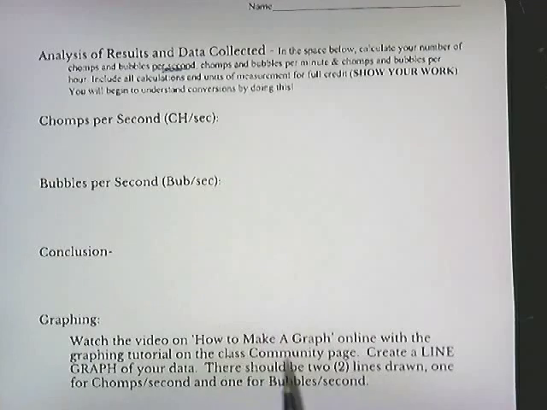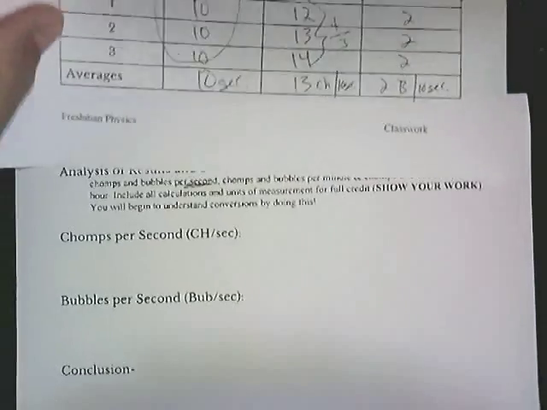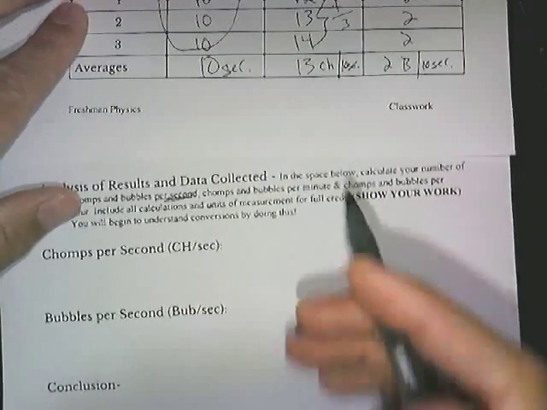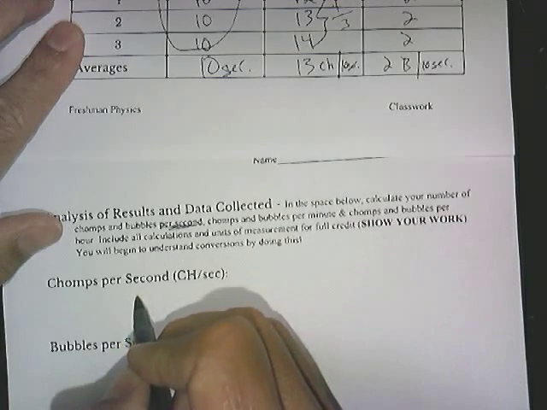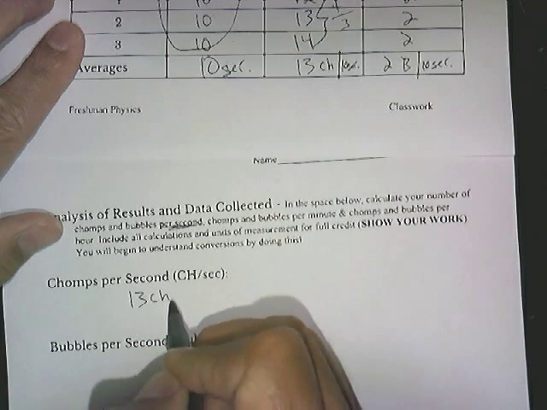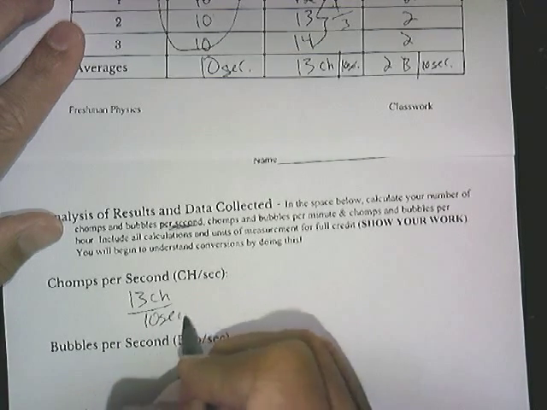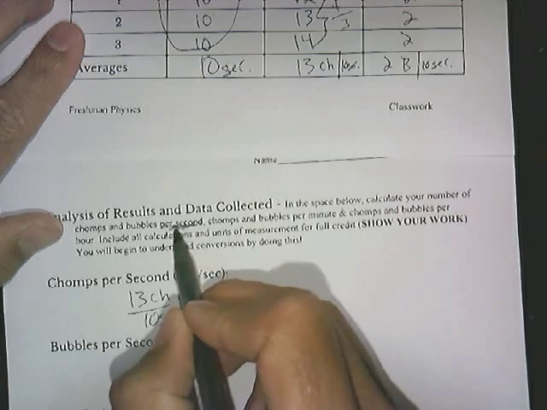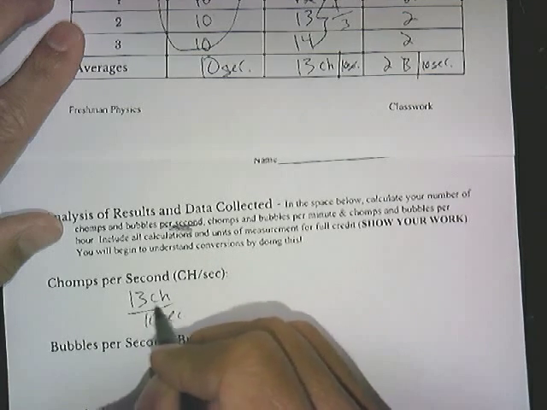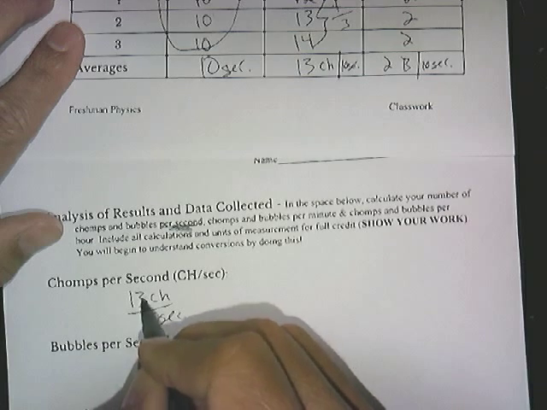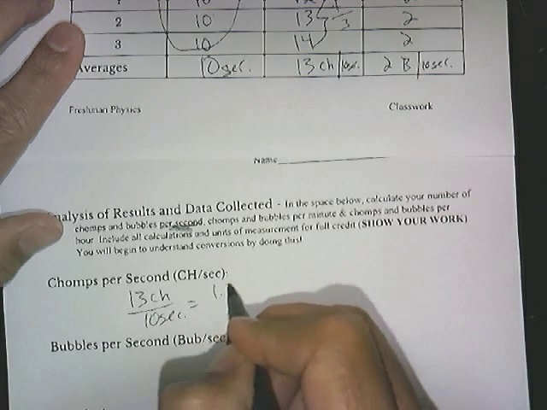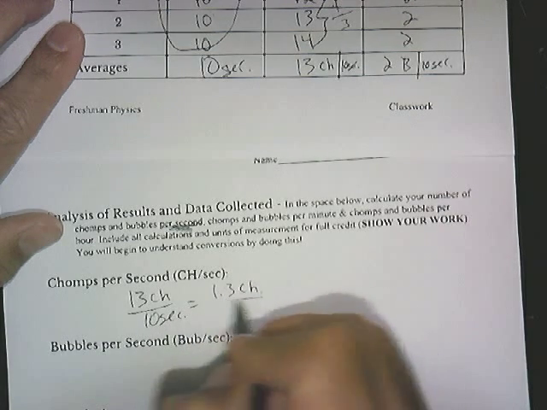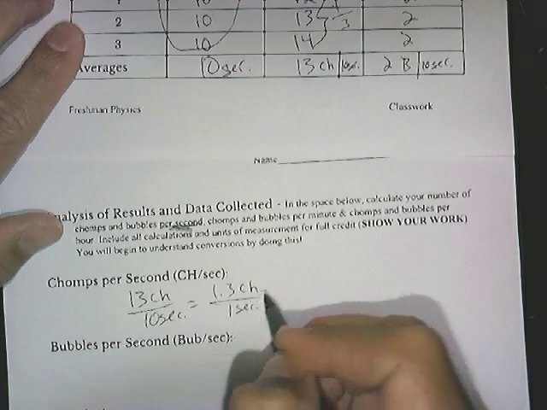So chomps per second. If I refer to my data on page 1, I know that I had 13 chomps in 10 seconds, but I asked for it per 1 second. So if I divide my numerator by 10 seconds, I get 1.3 chomps per second.